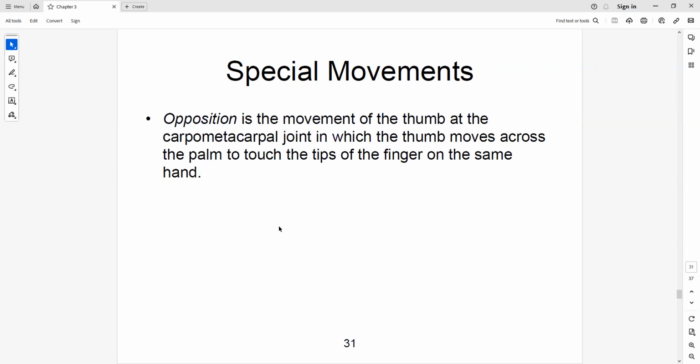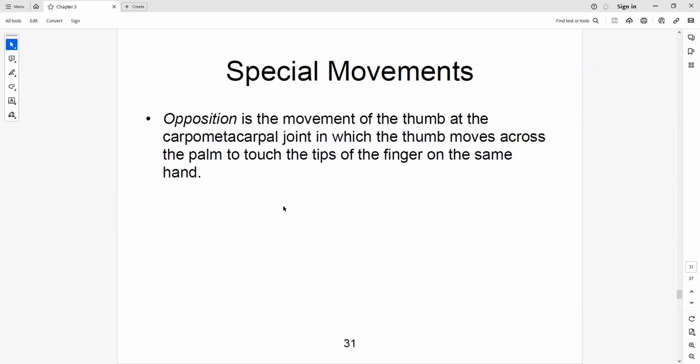Let's mention opposition. This is coming from that saddle joint between the metacarpal of the thumb and the trapezium bone of the carpal bones. As a consequence of that, we can use our thumb and touch the tip of all other fingers, and this is a special property.